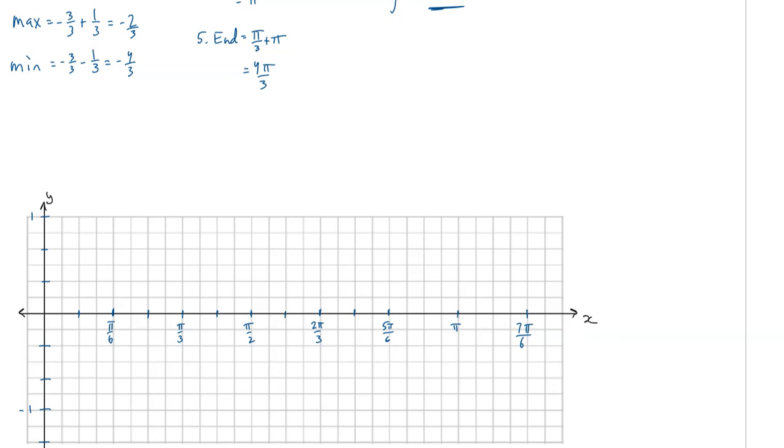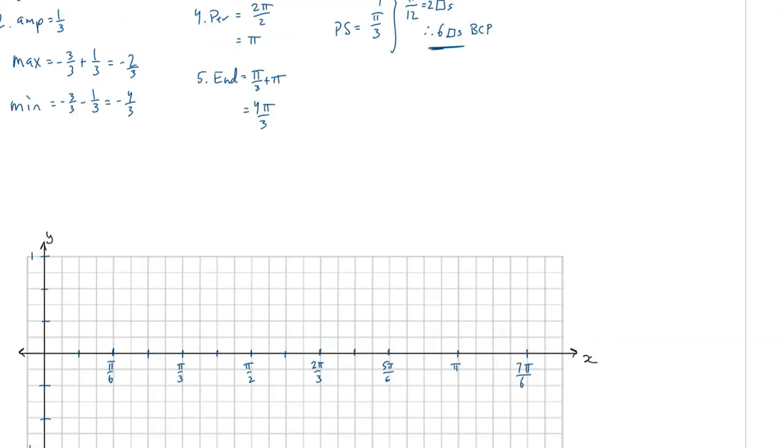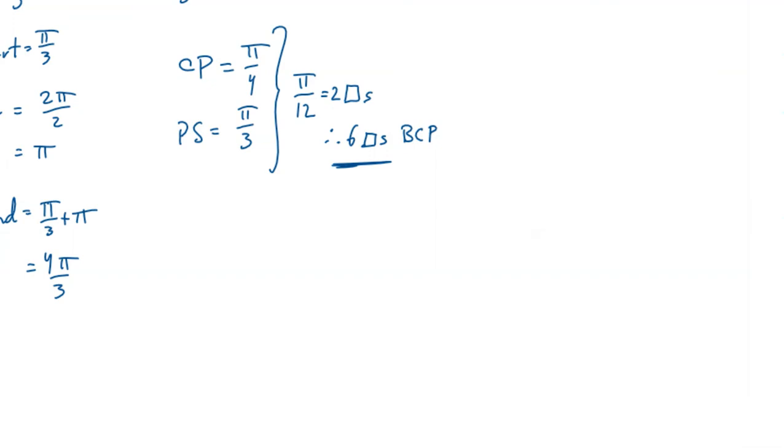We're 2 squares off. So what do we have to do? We talked about this before. Yeah, we're going to have to go back and make it 1 square, and just do 3 squares between critical points.